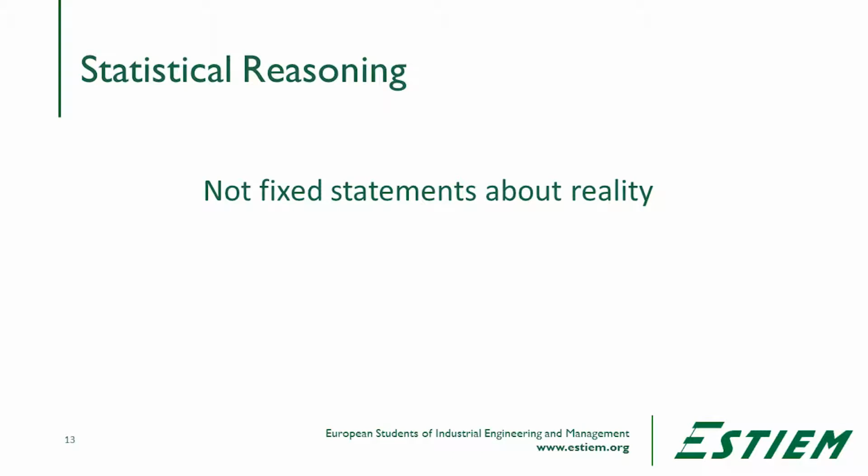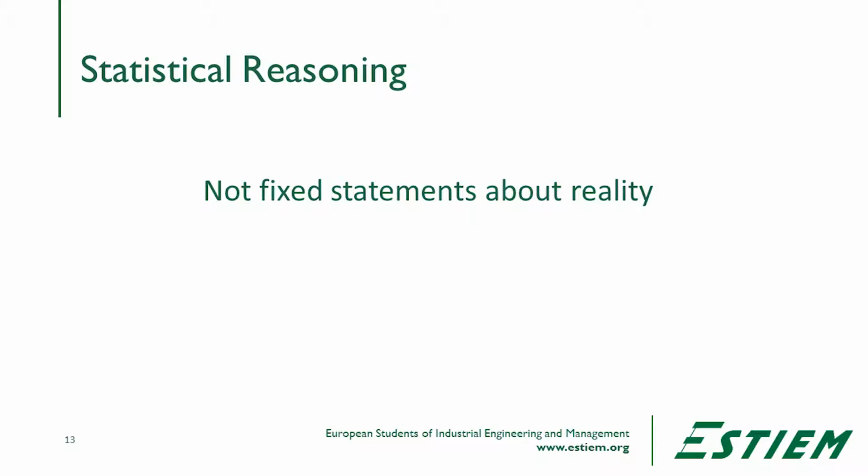Now, as a statistician operating in the process, well, you might just call yourself a statistical engineer operating in the process, you need to be inherently skeptical of everything. Just because we see a p-value doesn't mean we jump on it. So these statistical tests are that. They're statistical tests. They're probabilistic inference. It's not a fixed statement about reality.